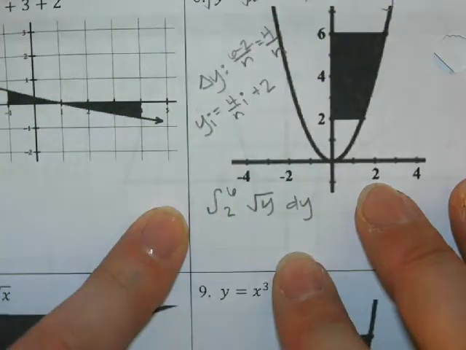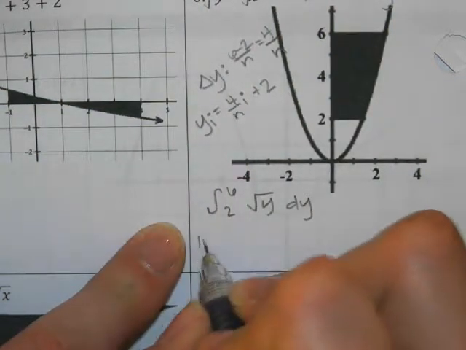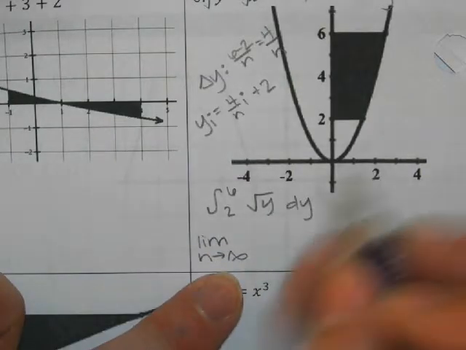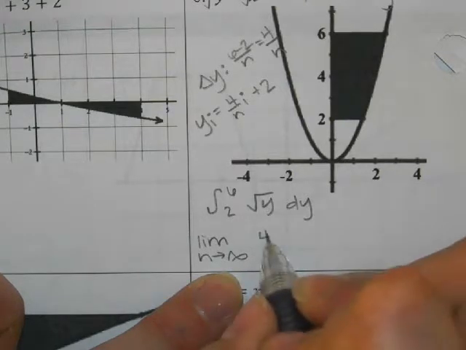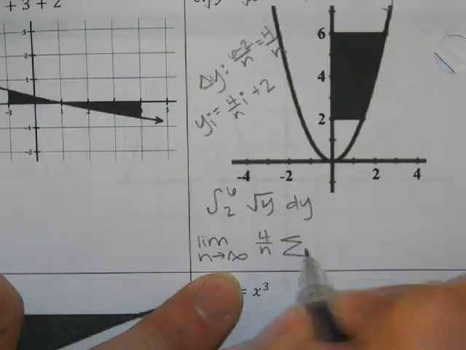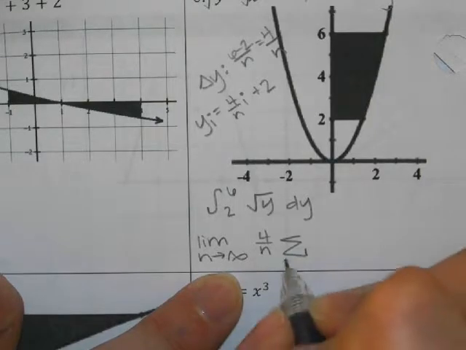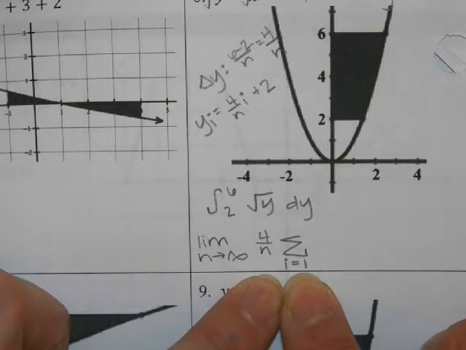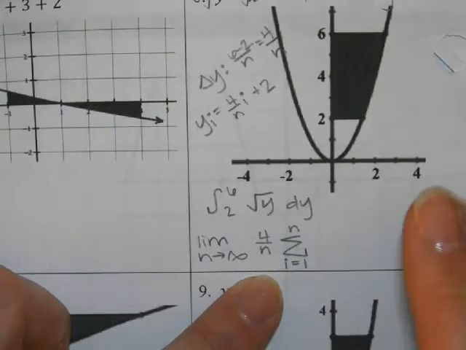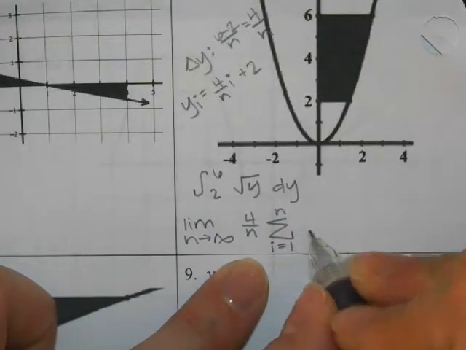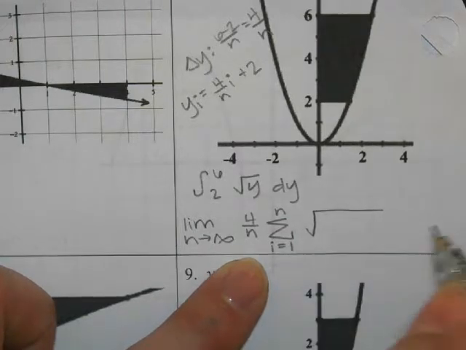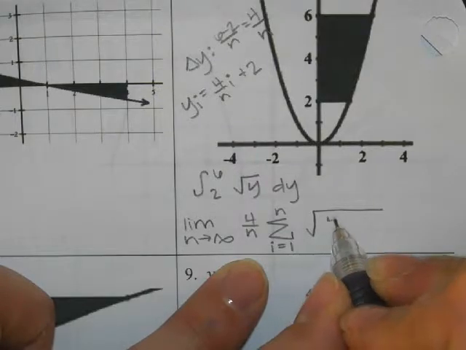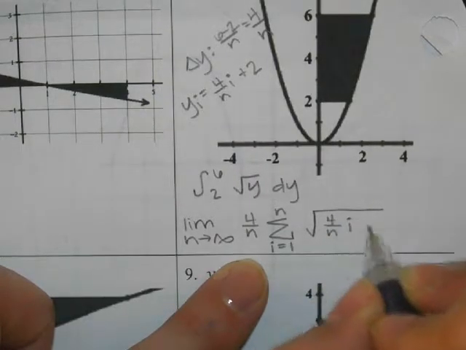Okay. So we're going to say the limit as n goes to infinity of 4 over n is the summation from i equals 1 to n, and then we're going to have the square root of 4 over n i plus 2.